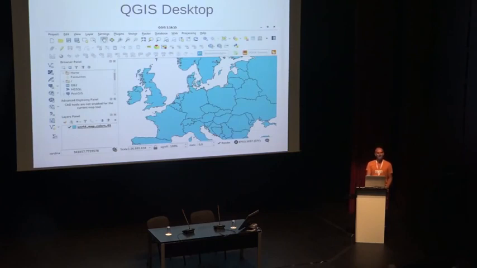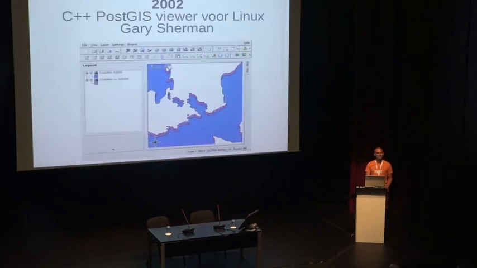I guess you all know QGIS, but if you don't, that's not really a problem. For the Dutch audience, I put here a screenshot to show them what it looks like. In 2002, Gary Sherman started a small project.